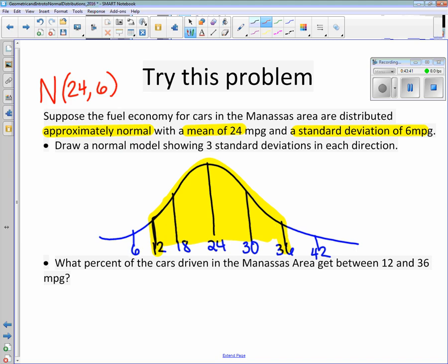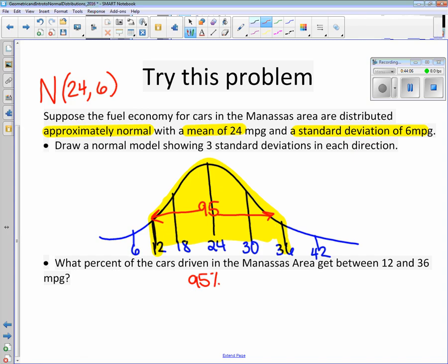College Board tends to use this notation quite a bit. A capital B would stand for binomial. A capital G would be geometric. So just be aware of that notation.